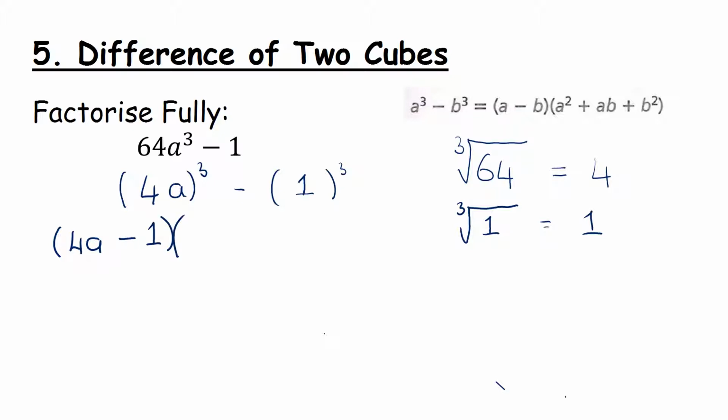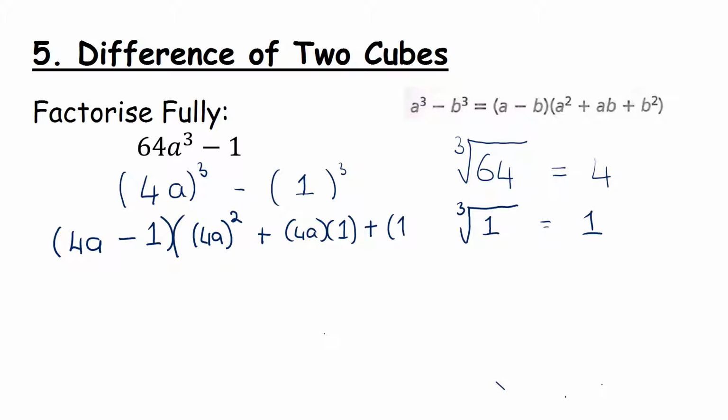I'm then going to have, and be really careful with this, 4a all to be squared. So it's not enough just to write 4a squared. It's 4a all to be squared plus 4a by 1. So remember, when we're talking algebra, writing them side by side means multiply.